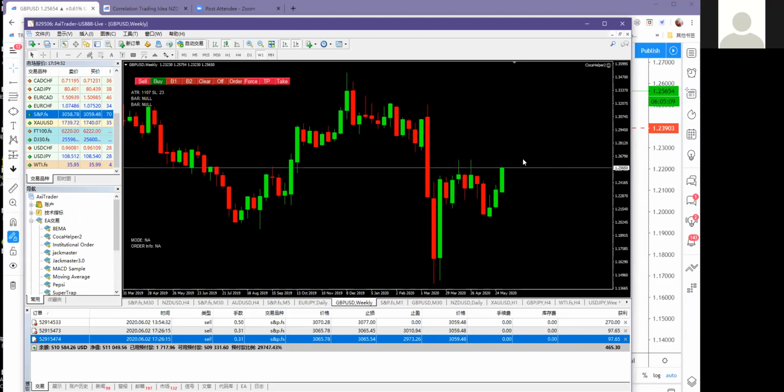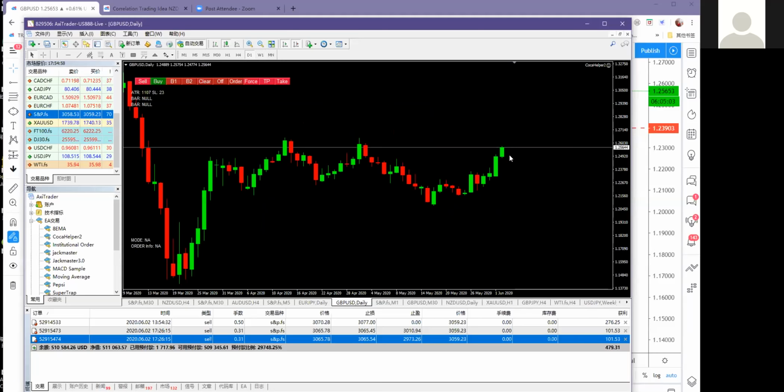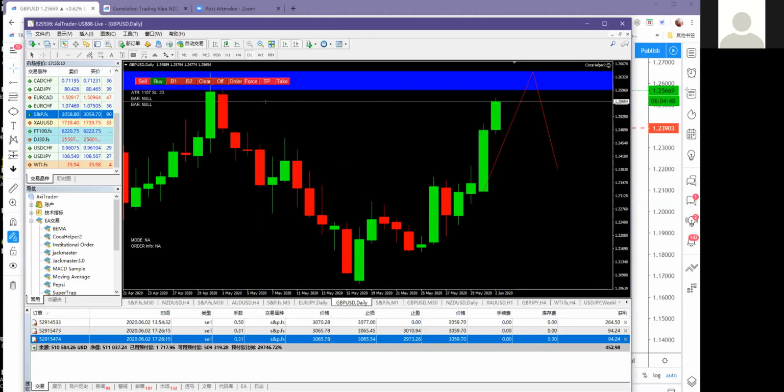First of all, I'm not going to buy right now, because if I buy right now, I'm going to buy at a very high price. The daily chart is a strong candle, but it's hitting the previous resistance, right? So be prepared if the sterling will be rejected from this place and come back to 1.2378 here.